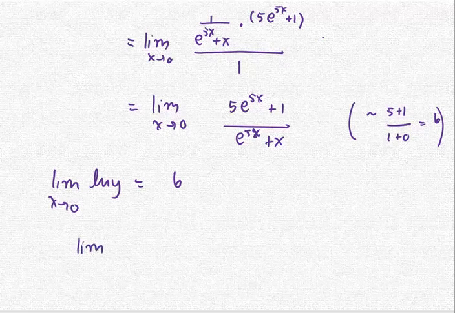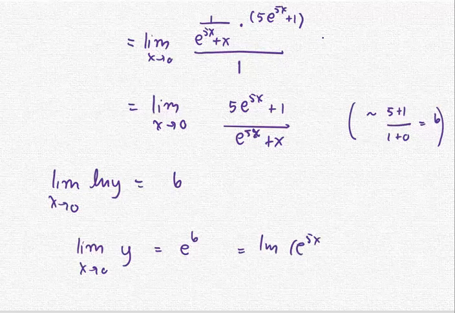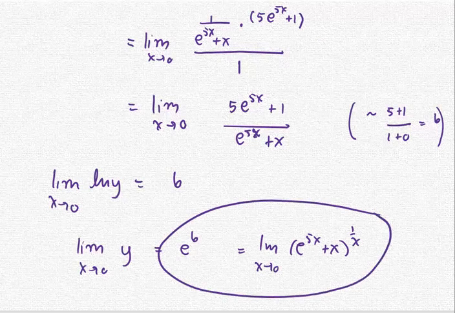We are going to change it into the limit of y. That means we use 6 as the power of e. And y is the expression e to the 5x plus x raised to the power 1 over x as x approaches 0. So the answer is e to the power 6.